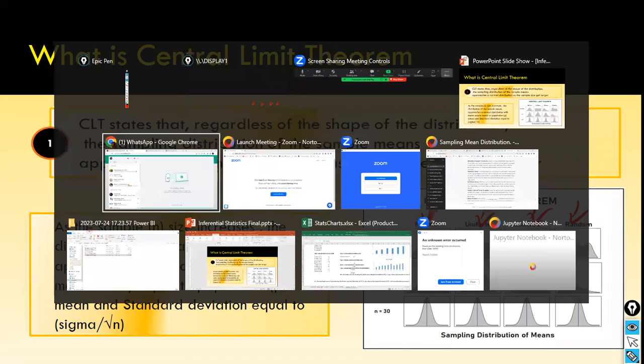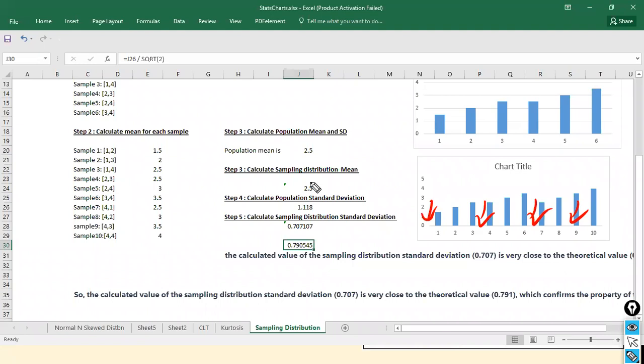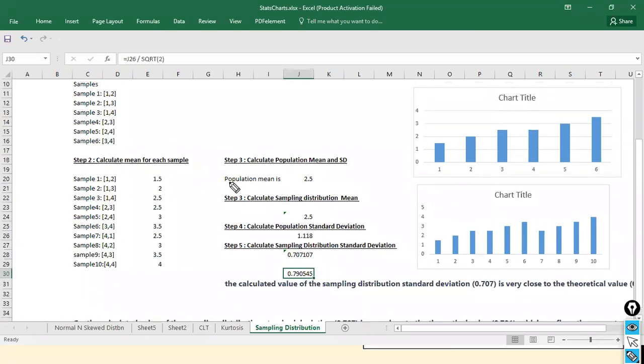I demonstrated this as part of sampling distribution itself. Look here, these are the 6 samples we took initially.